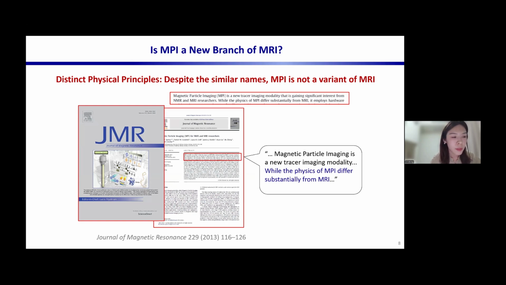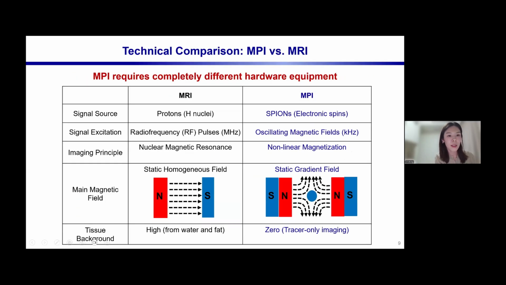The answer is definitely no. Although both techniques have the word magnetic in the name, MPI and MRI are fundamentally different in their physical principles, and they require entirely different hardware systems. On this slide, we have a comparison table that highlights the fundamental differences between these two modalities.